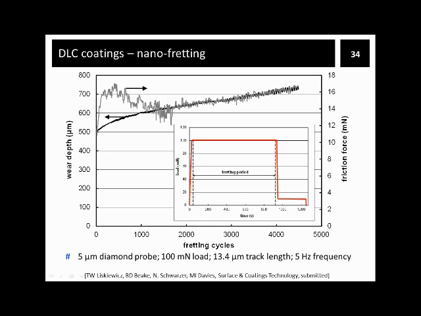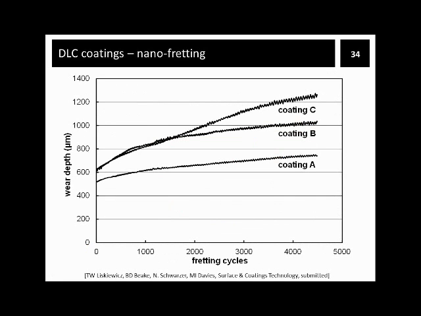The test conditions used are listed here. We used a 5 micron diamond probe, 100 millinewtons applied load, track length around 13 microns, and frequency of 5 Hz. The inset here shows a loading history to 100 millinewtons peak load with 900 seconds fretting time.